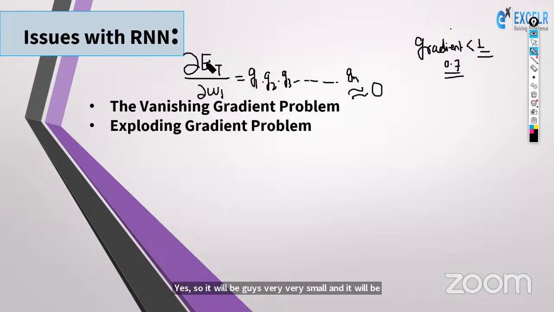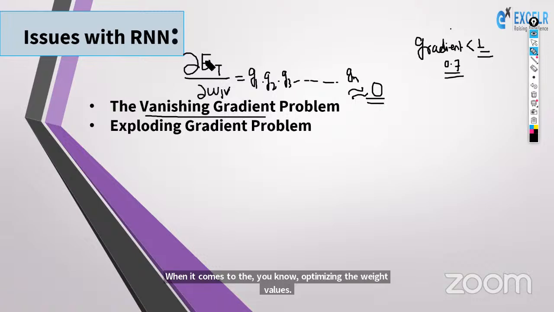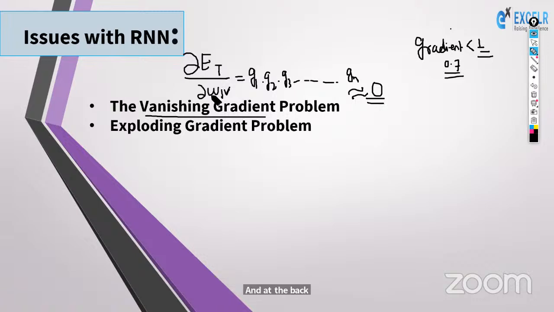That means we are going to optimize this weight W1, but the gradient value is close to 0. This problem is called the vanishing gradient. That means when it comes to optimizing the weight values, and at the backend it starts calculating this gradient, the gradient value will vanish if you have a very large deep network.